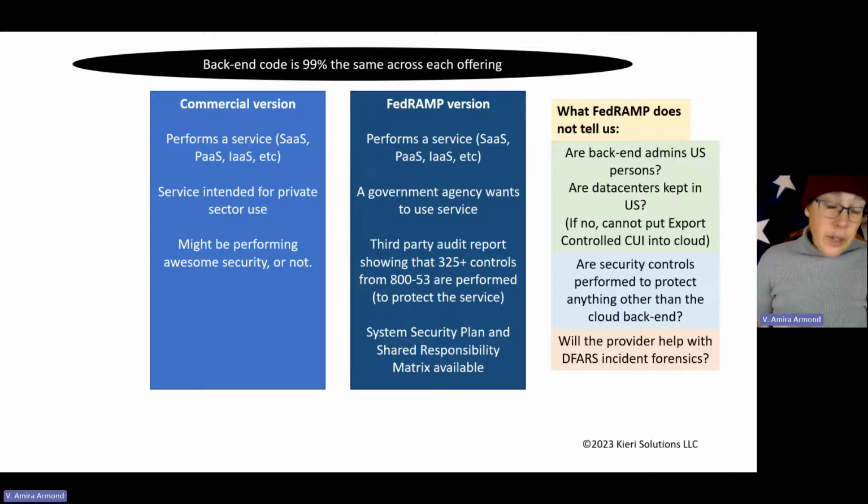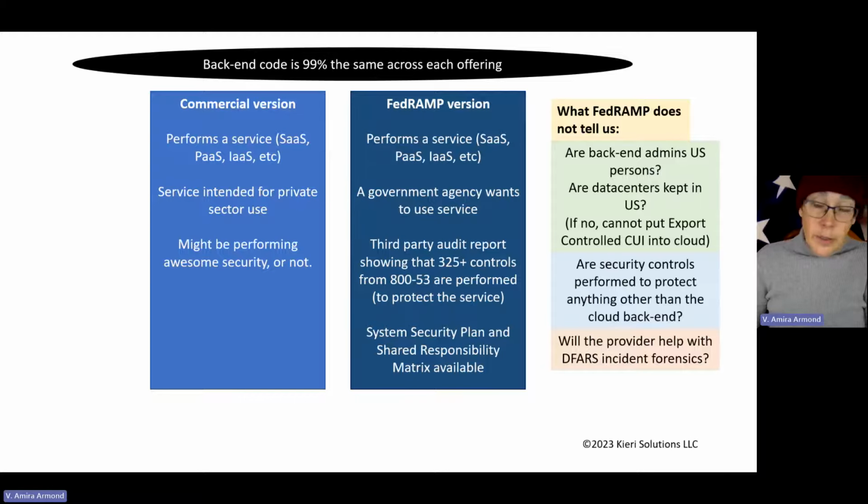And the assessors don't make a judgment themselves. What they do is they send the audit report up to the government agency that wants to use the service. And that government agency looks at the report and goes, oh, good enough. We'll accept the risk. Right? Or maybe they don't, but most of the time they do.